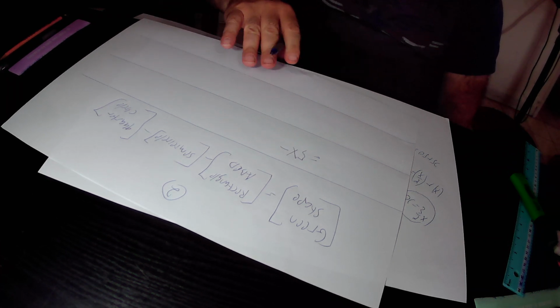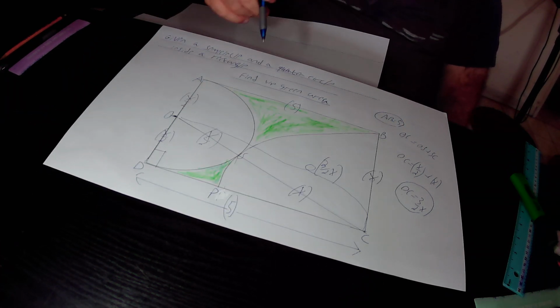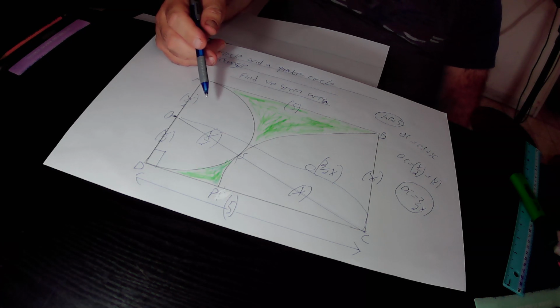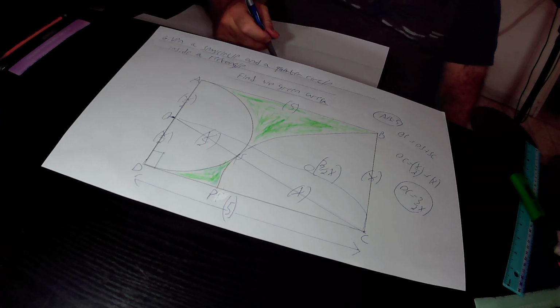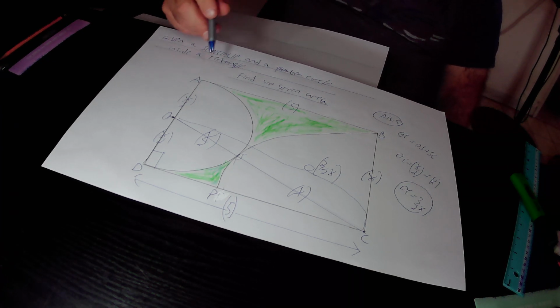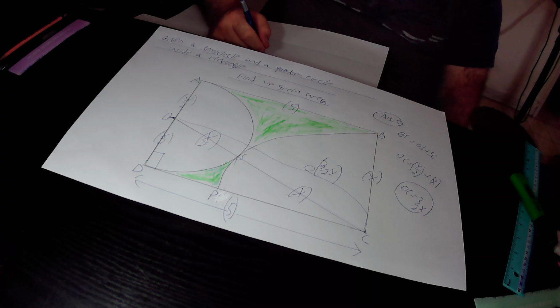Minus the area of the semicircle. What is the area of the semicircle? The area of the semicircle is the area of the circle over 2. The area of the circle is pi times the radius squared. The radius is x over 2, so it is pi times x over 2 squared. That is the area of the circle.